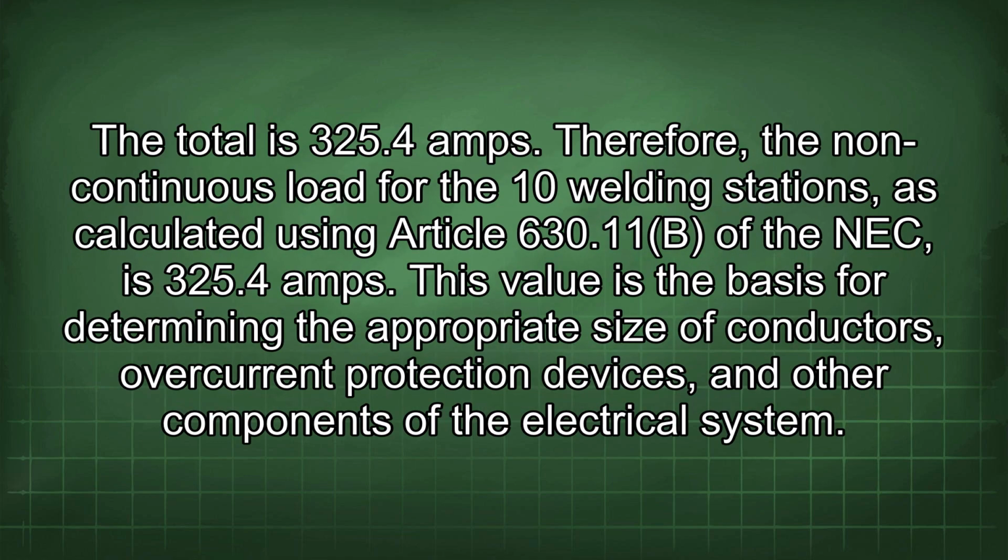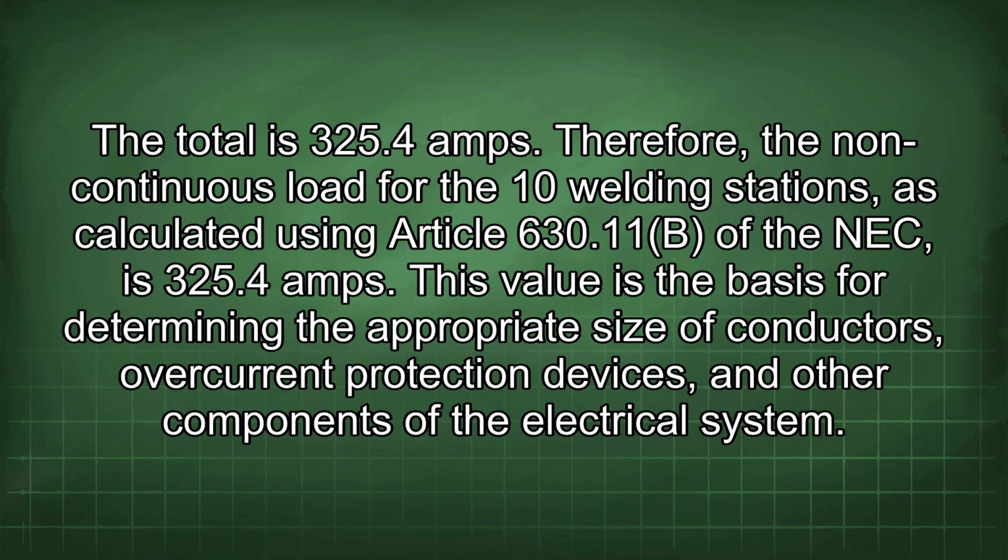The total is 325.4 amps. Therefore, the non-continuous load for the 10 welding stations, as calculated using Article 630.11(B) of the NEC, is 325.4 amps. This value is the basis for determining the appropriate size of conductors, overcurrent protection devices, and other components of the electrical system.